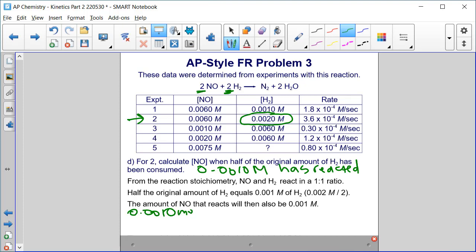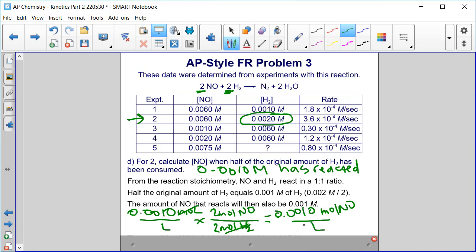It's moles per liter. If we multiply that by 2 moles of NO react with every 2 moles of H2, then this unit cancels, and we get 0.0010 moles of NO per liter.